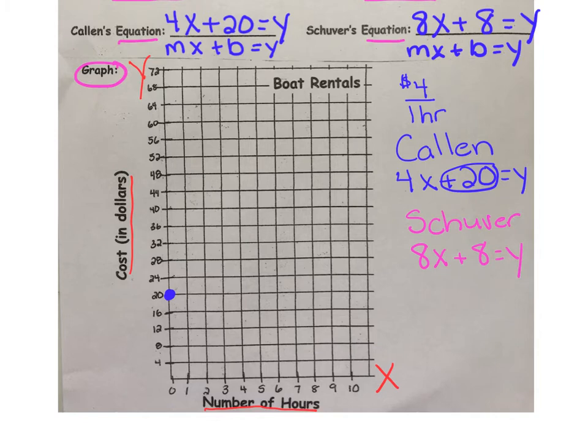As we climb, I hope you notice that we go from 20 to 24. That's our $4 increase. So up $4 over 1 hour. There's our next solution, 1 hour, $24. Again, up 4 over 1, 2 hours, we owe $28. And the pattern continues.